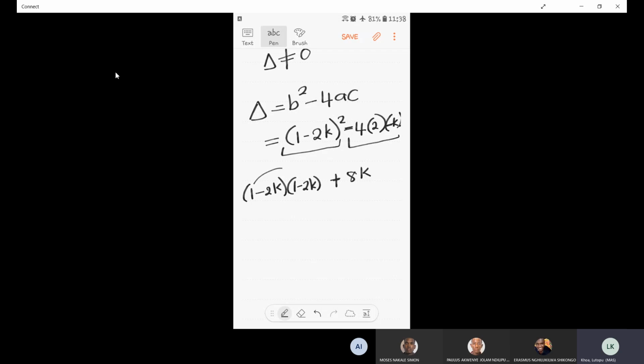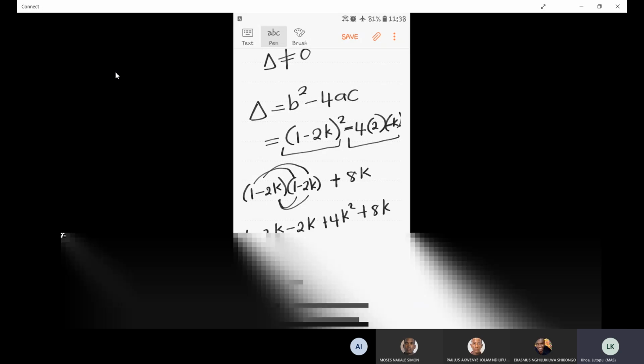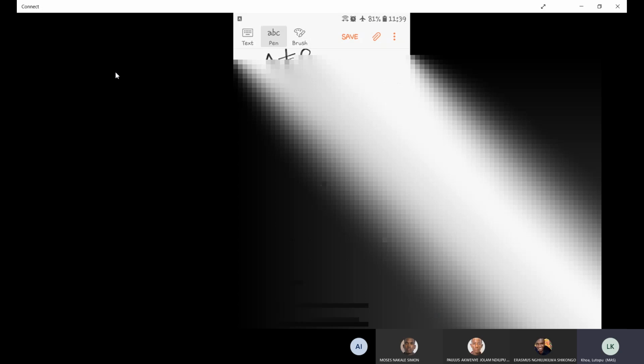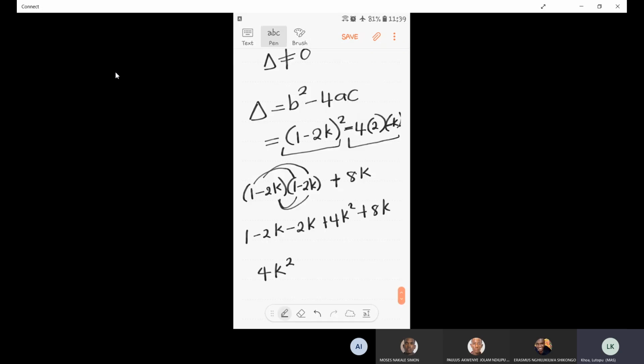Then we know how to multiply these two brackets. 1 times 1 gives me 1. 1 times minus 2k is minus 2k. Minus 2k times 1 is minus 2k. Minus 2k times minus 2k is positive 4k squared, plus 8k. So simplifying this, I have 4k squared and then negative 2k minus 2k plus 8k. This is just equal to 4k, and then plus 1.